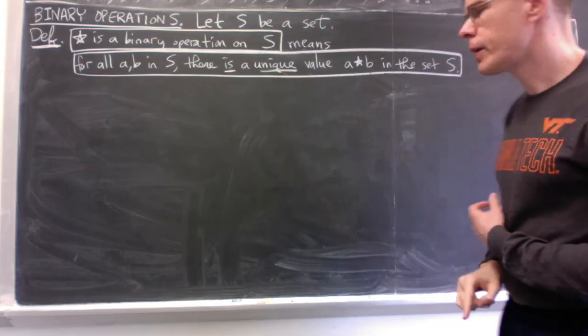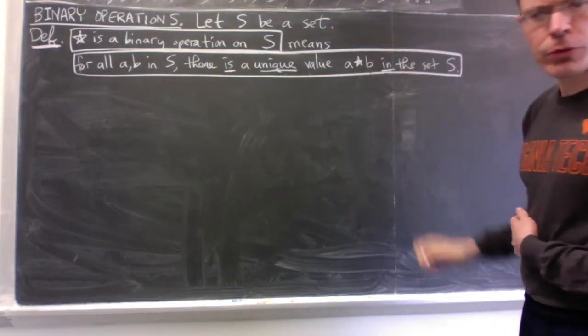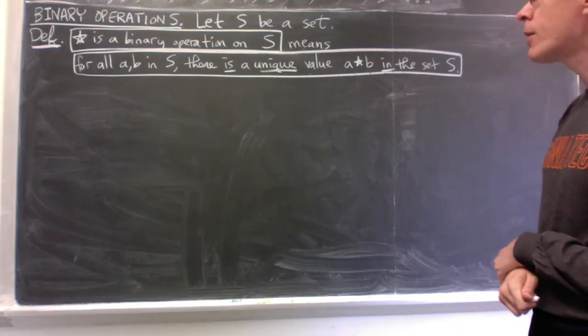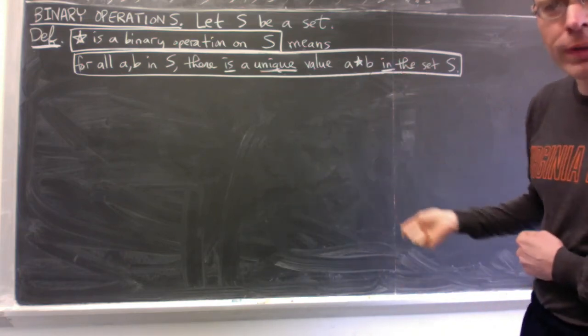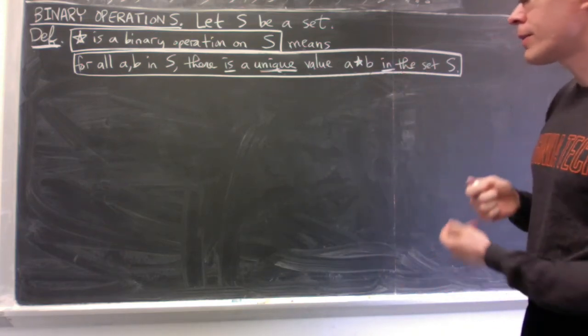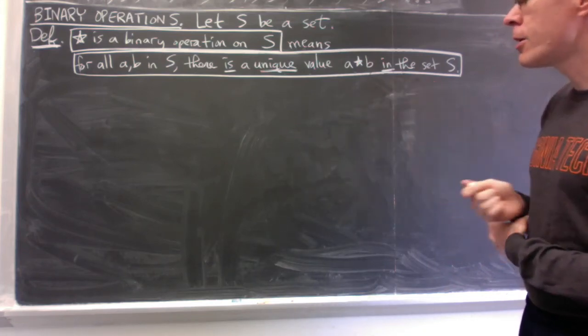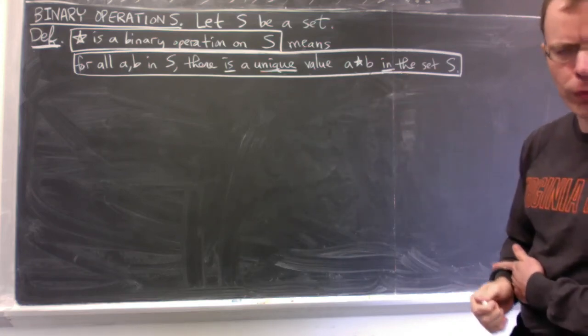Only one value comes out for those A and B. And it has to be in the same set that you started in, S. That might not seem important, but it ends up being one of the most important things that we have to constantly worry about throughout the course. So there's even another phrase introduced to emphasize that aspect, called closure.